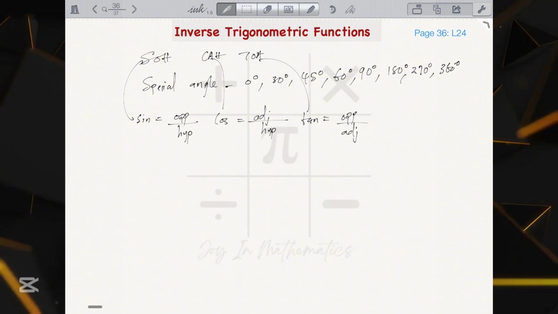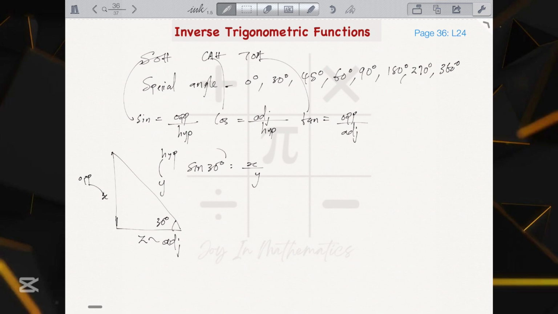And we have also dealt with equations whereby we were given maybe two sides and an angle. Let's say angle 30 degrees, we are given x and y, and let's call this z. So we can evaluate these two sides when we're given a side, because we understand that sine 30 degrees will be equal to x over y, because x in this case is the opposite, y is the hypotenuse, and z is the adjacent.